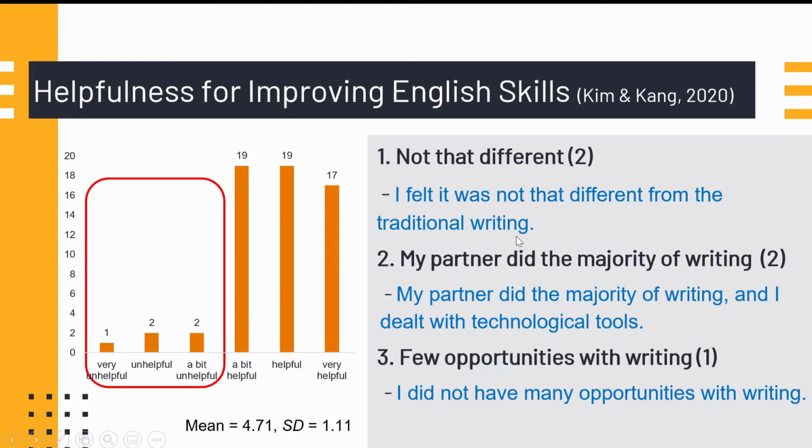Although everybody was provided with exactly the same directions, some people approached task performance differently than others. For these students, they didn't find it really different from traditional writing. And they also mentioned my partner did the majority of the writing. So this part might be related to social engagement, and they felt that because of the lack of collaboration, they did not find it helpful.